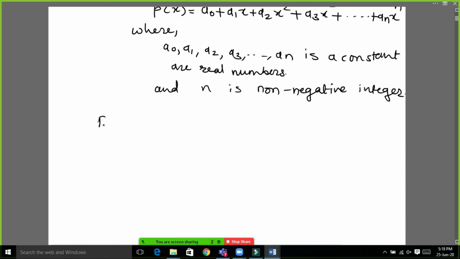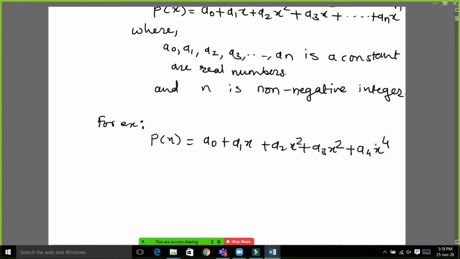We know the degree of a polynomial is the highest power of the variable. So here x, x square, x cube, x to the power 4 are powers of the variable, and a0, a1, a2, a3, a4 are real numbers, known as constant terms or coefficients.